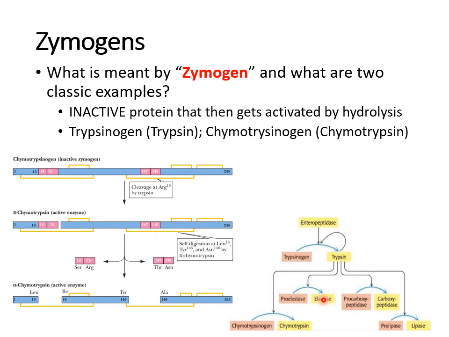If these proteolytic digestive enzymes were active where they're formed in the pancreas, that would do major damage. So instead, you need them inactive as zymogens in the pancreas, and then in the small intestine they are activated by the cleavage of their peptide bonds, like in this figure, and now they can do their job without doing damage.